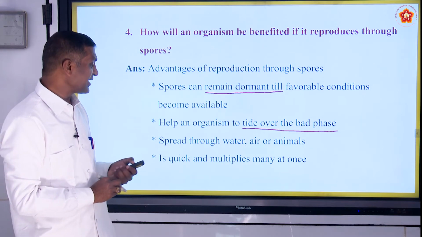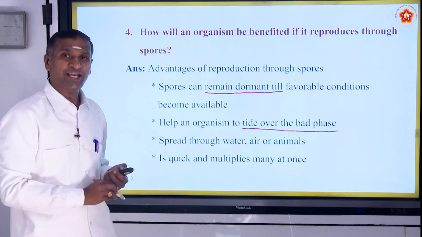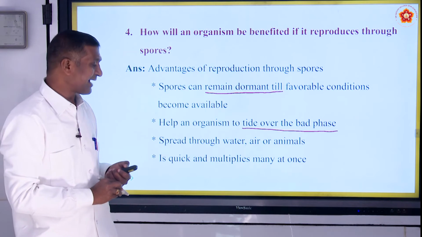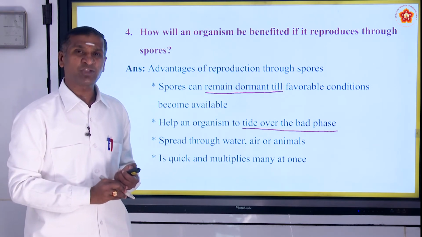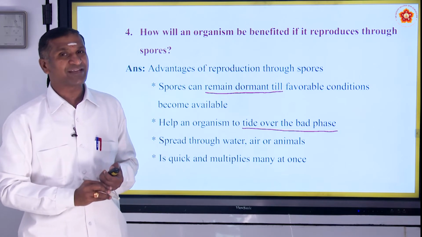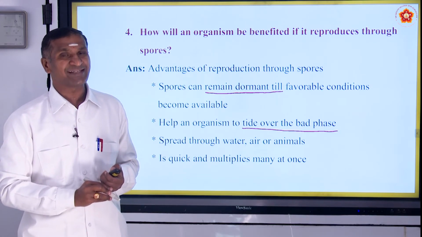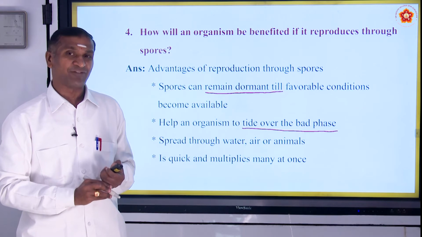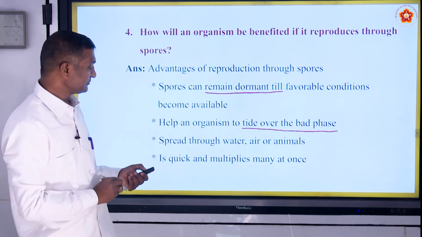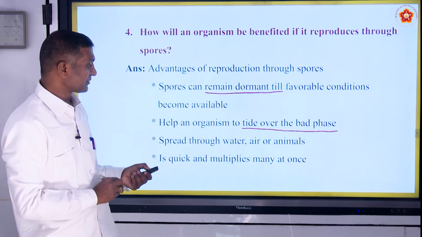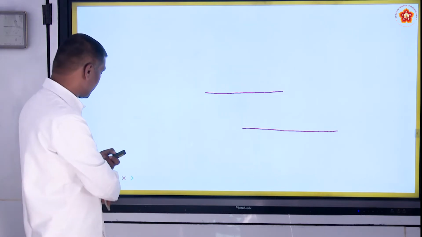The fourth point, spore reproduction is quick and multiplies many at once. So in a short span of life, we can see the species increase in number if it undergoes spore reproduction, the spore formation.